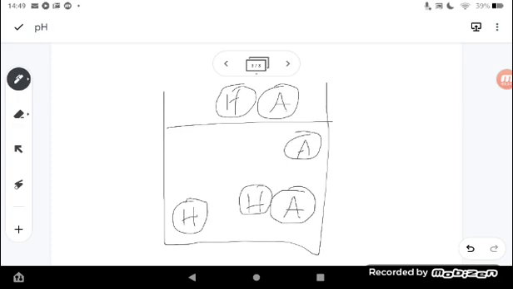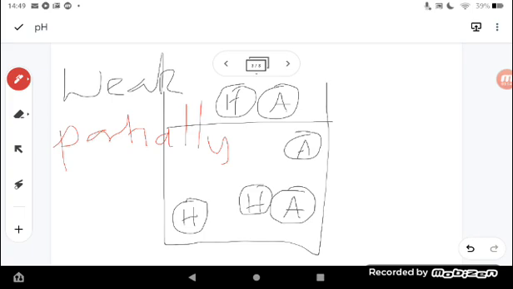So some of it will stay together, and that would be what we call a weak acid, because it partially dissociates. So that's the key difference here. It's like those two individuals have broken up, they still have something in common that they need to talk to each other about. Okay, so they haven't completely separated, still in each other's lives, and that's a weak acid.